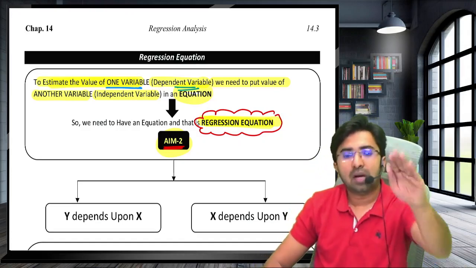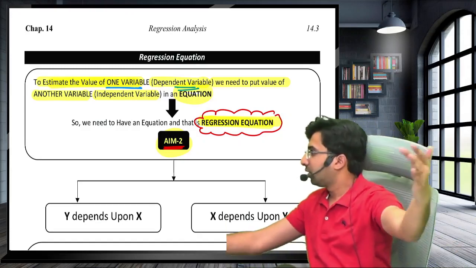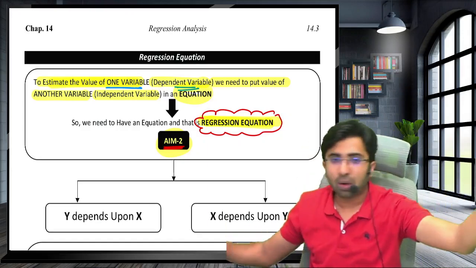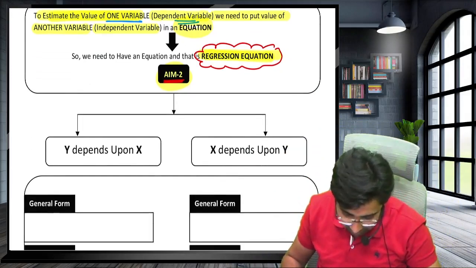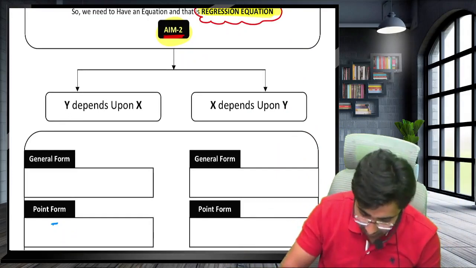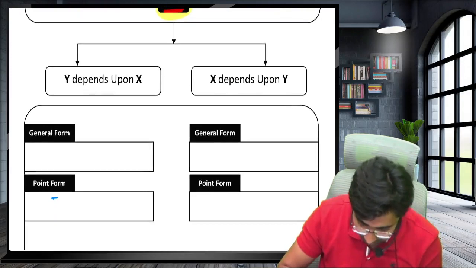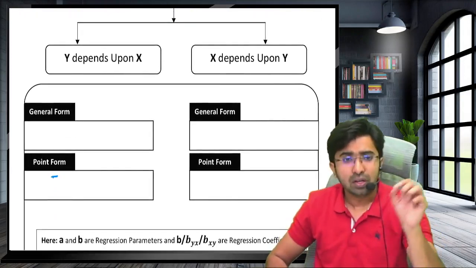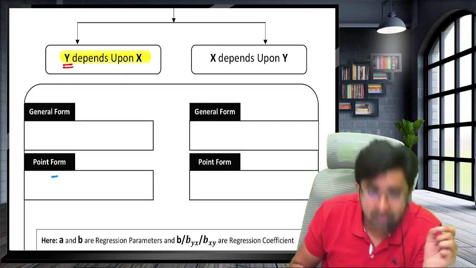Guys, because I cannot achieve my final aim without the equation, let's understand the next aim, that is aim number 2: how estimation of the value works, the regression equation. Guys, now see, y depends upon x. It means y is dependent.